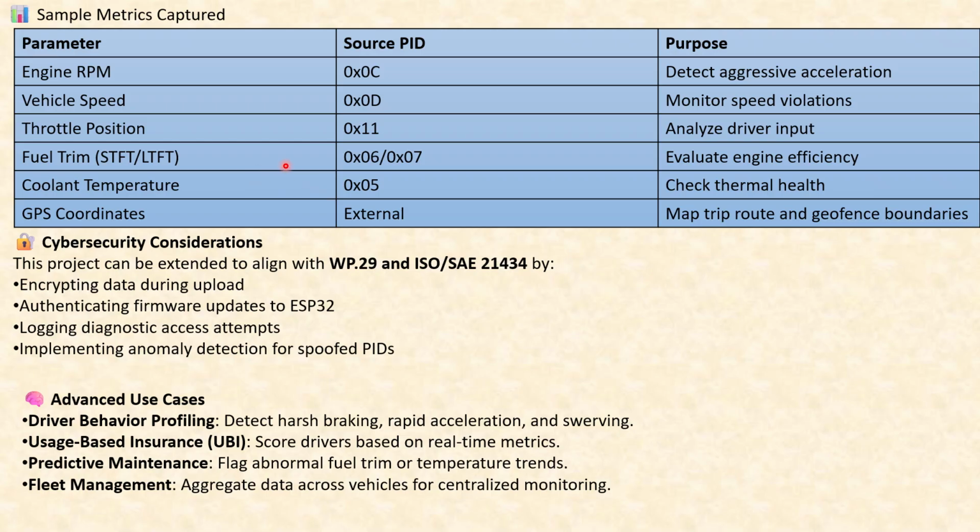Fuel trim, 0/06 and 0/07, to evaluate engine efficiency. Coolant temperature, 0/05, to check thermal health. GPS coordinates: the source is external and the purpose is to map the trip route and geofence boundaries. All right, these are the sample metrics.